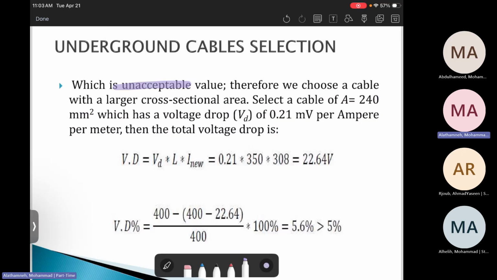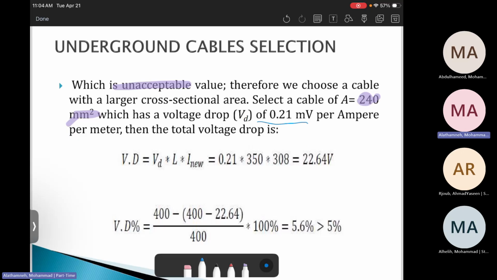So when we look, there is another one with the area 240 millimeter square. The voltage drop here is 0.21 per ampere per meter. Then the total voltage drop will be 0.21 times the length, 350 times 308, which will be 22.64.